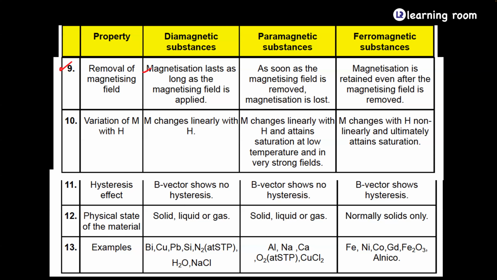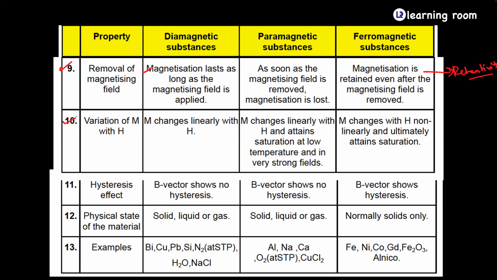But what about a ferromagnetic substance? Magnetization is retained even after the magnetizing field is removed. And that property is what we called retentivity. Am I clear with this? It's called retentivity.